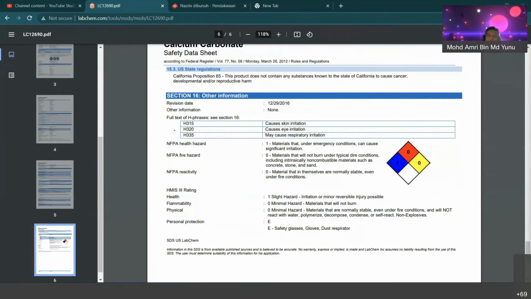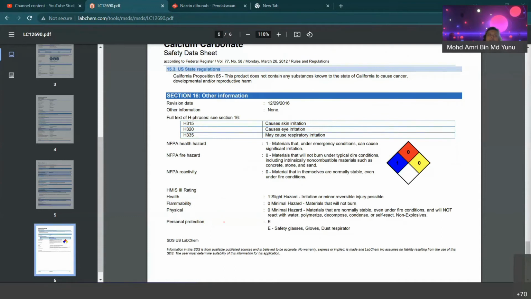Ask a third-party lab to do it for you, or substitute the chemical. Engineering control again, use like robotic arms. Administrative control is in terms of exposure.